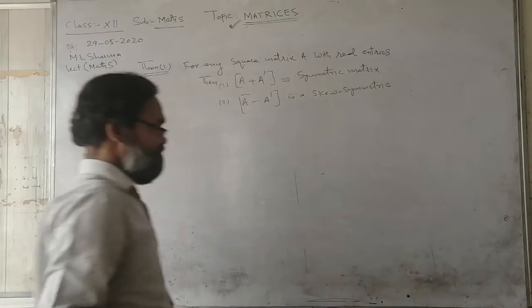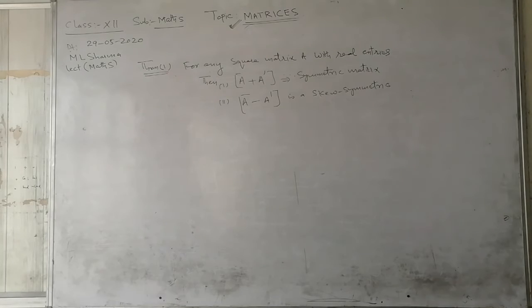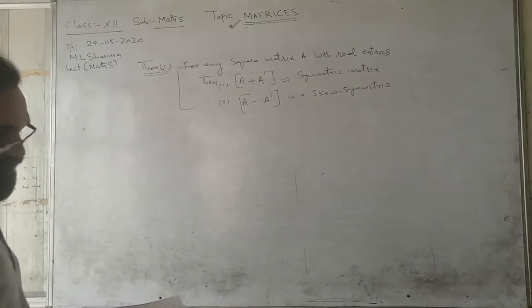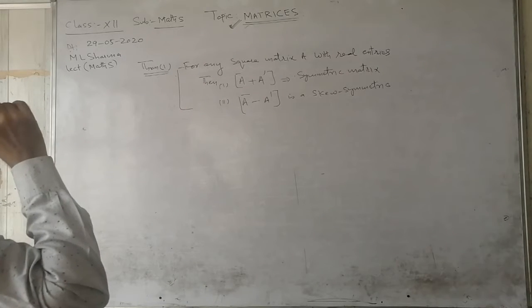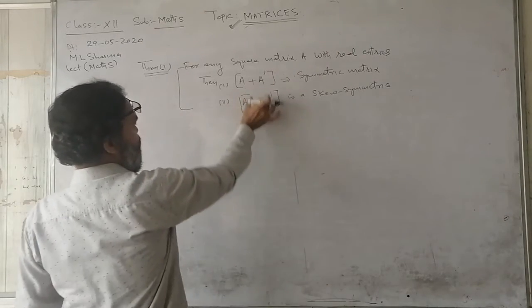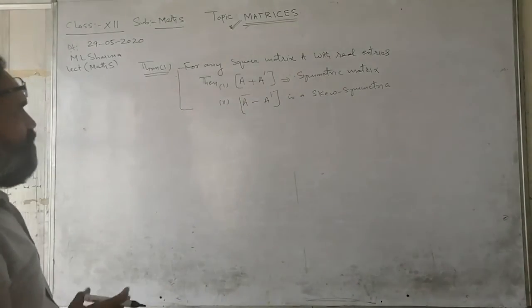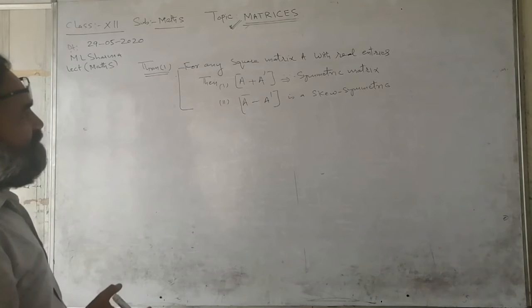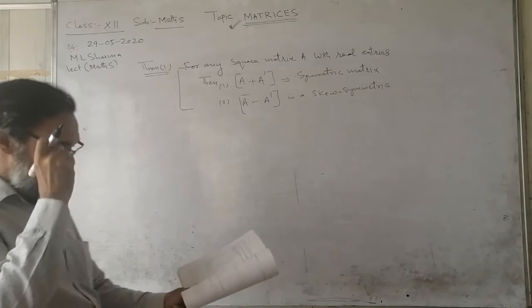So this is a theorem given in your textbook. It says if we have a square matrix A and its elements are real, then these two results hold. The proof of this theorem is very simple. It is given in the textbook.